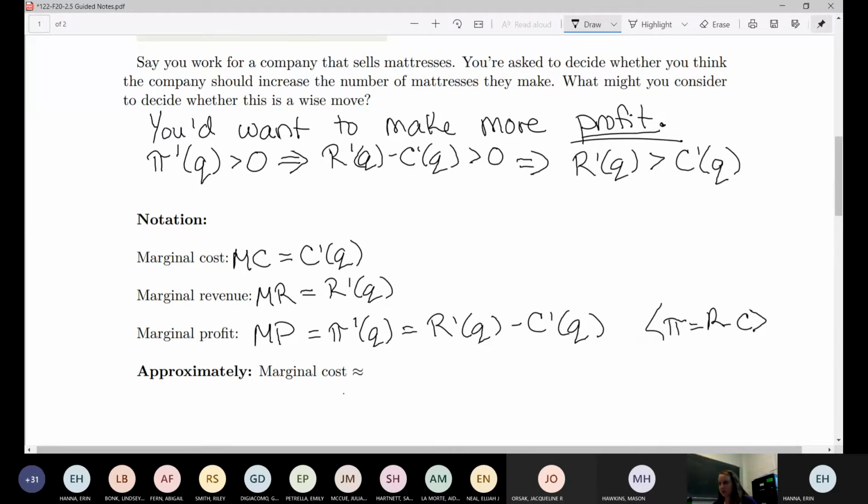Now also, approximately, marginal cost would be equivalent to C(Q+1) minus C(Q). And that also holds for revenue and cost.